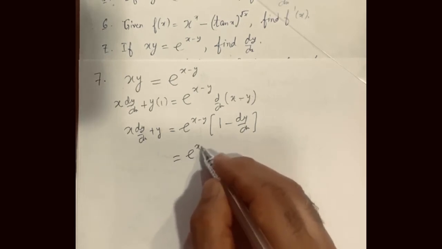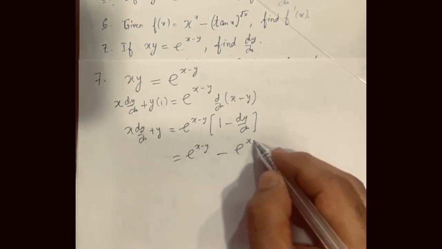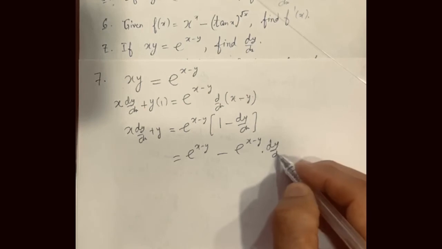This is e raised to x minus y minus e raised to x minus y into dy by dx.